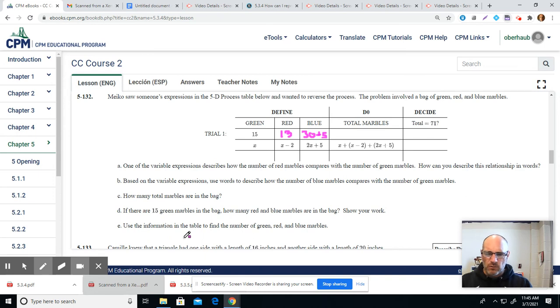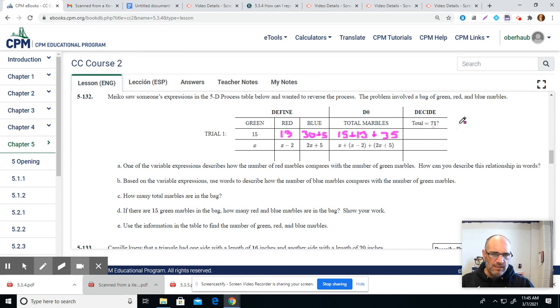Use information in the table to find the number of green, red, and blue. Now I actually have to do the work. Let's try 15 green, 13 red, 35 blue.